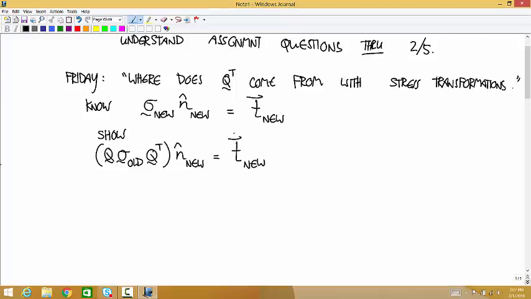Okay, so if Q sigma Q transpose is equal to sigma new, you know that this has to hold. And so that's what I showed.